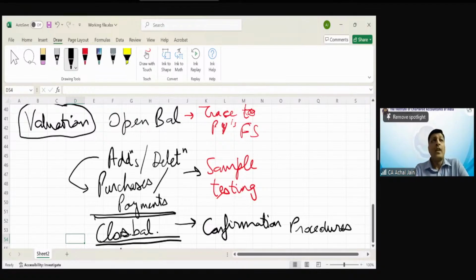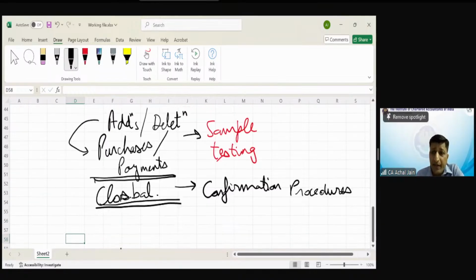Okay, now valuation we have talked about, cutoff we have talked about. Okay, of course, completeness in a way we have discussed. To a certain extent, existence we have also discussed because confirmations are being sent. So that will take care of the existence. Now, what comes next? Great.